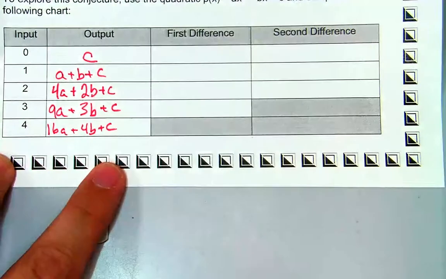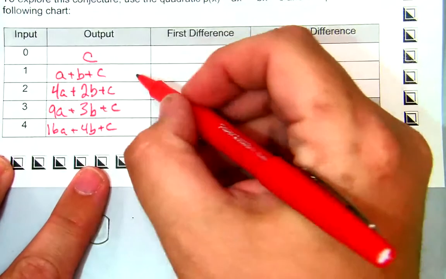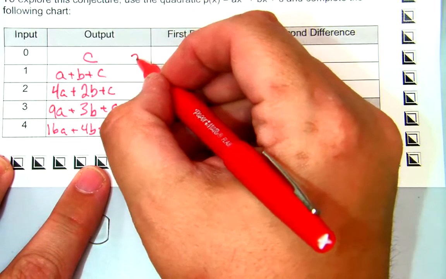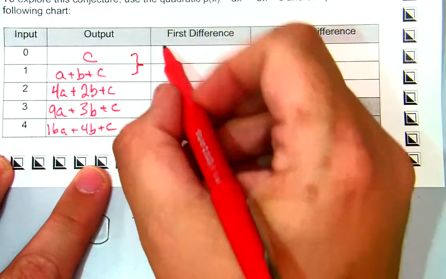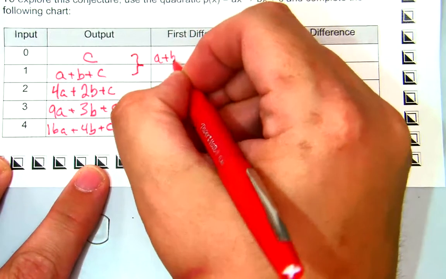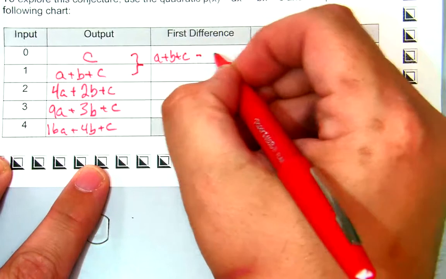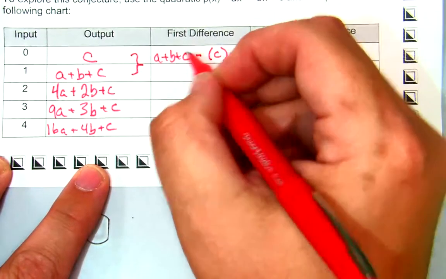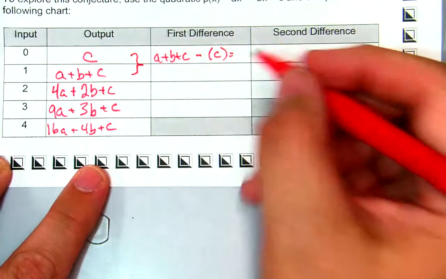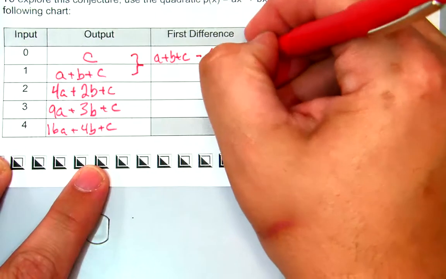So my first difference, I want these two values, is going to give me my first difference. So I'm going to get A plus B plus C minus C. So what's going to happen when I subtract a C from here? What am I going to be left with? Yep, A plus B.